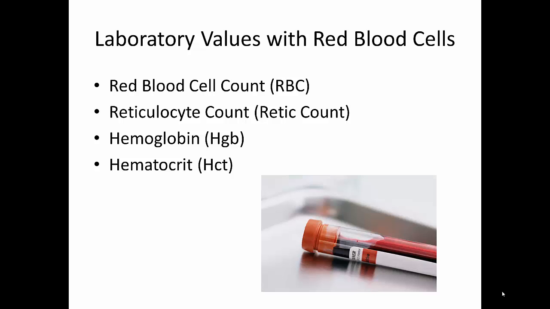So if we have an adequate number of cells, or maybe even an increased number of red blood cells, but the hemoglobin is low, then that can be an indicator of the type of anemia that the patient is suffering from. So normal values for hemoglobin for men is 14 to 16.5, and normal values of hemoglobin for women is 12 to 15.